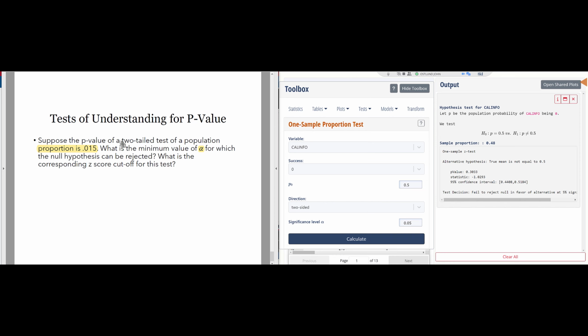Well, because this is a two-tailed test, and our p-value is 0.015, remember that we have to double the p-value to account for each tail. So that if we double this p-value, it's going to be 0.03, and therefore the alpha would be 0.03.